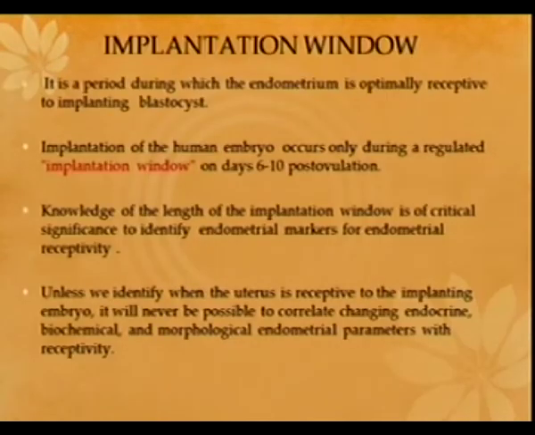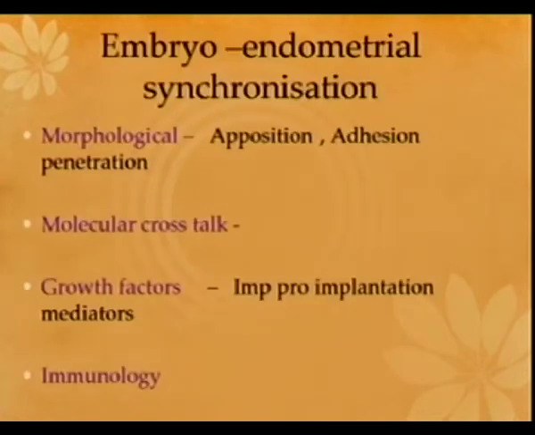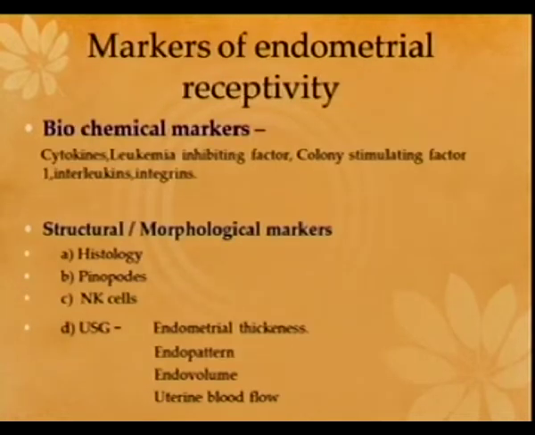So we need to understand the implantation window, when it begins and when it ends, and the synchronization that happens on the morphological and molecular crosstalk between the two, the participation of growth factors, and the involvement of immunological factors.